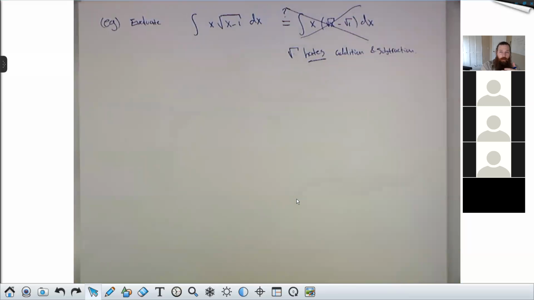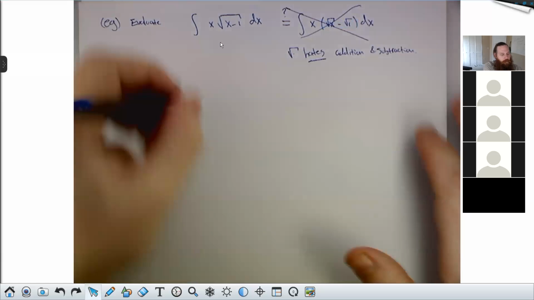Any ideas what we could do? Well, that's what we're saying, is we can't distribute the x because I can't do this. If I could do this, then I could distribute the x. I'm sorry, Harris, what was it? Could you put x minus 1 to the 1/2 power? We could, but that doesn't really get me anywhere.